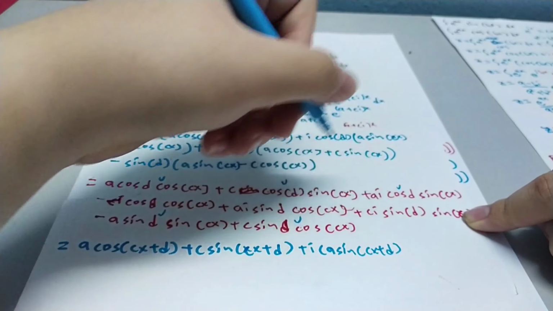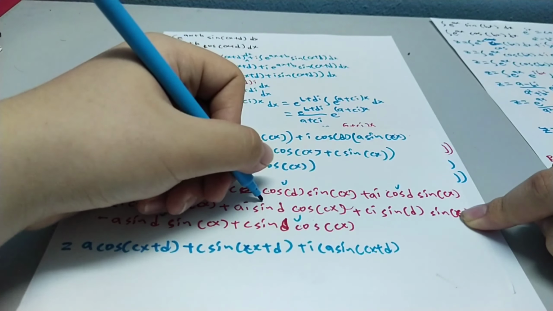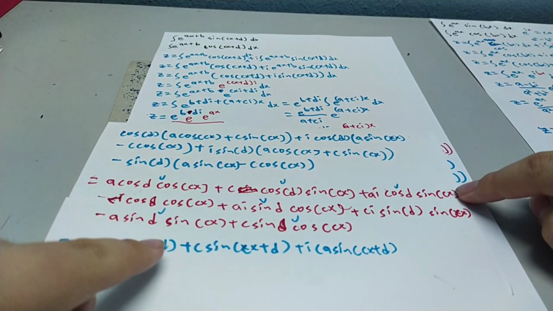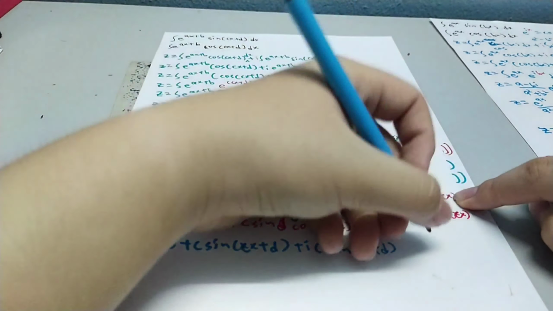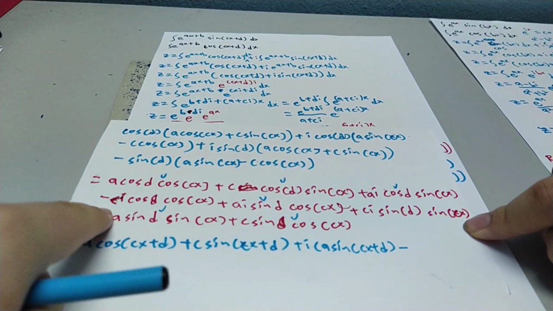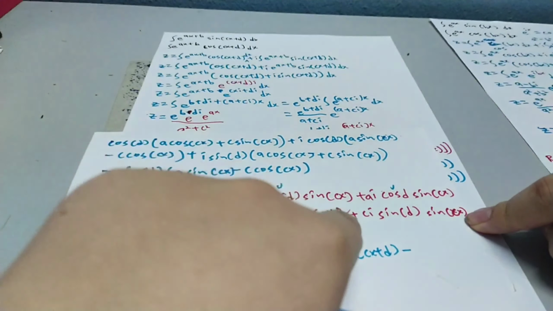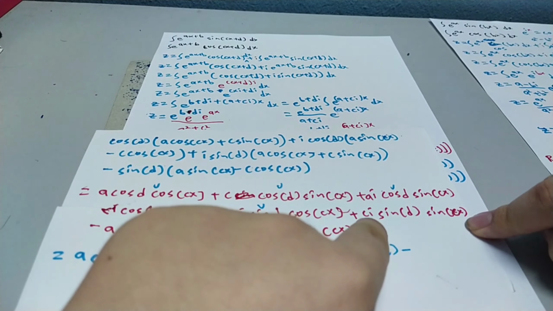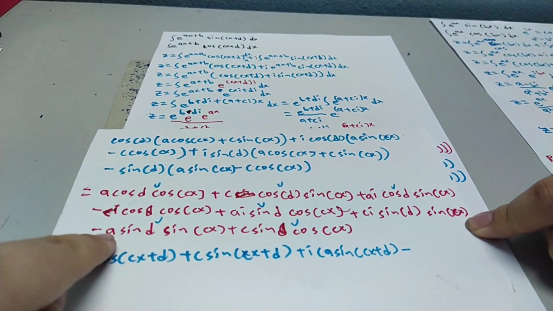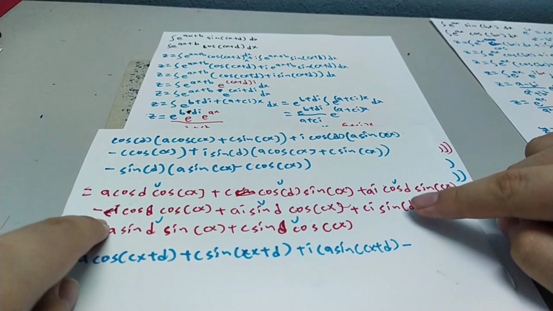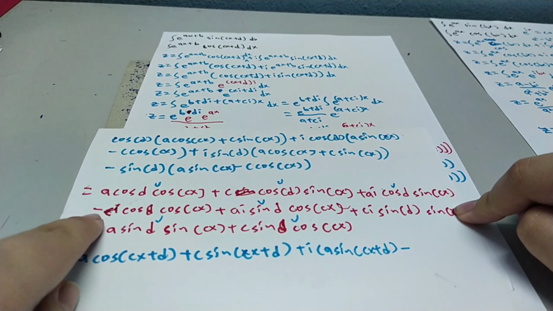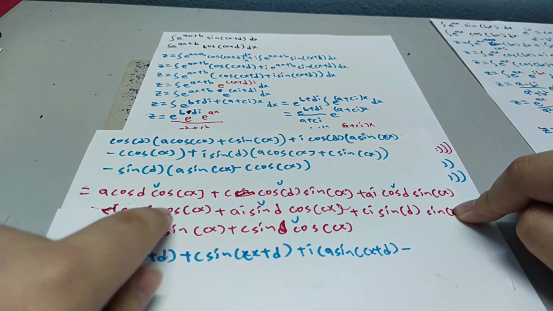So we have done this one. And then finally c, so ci times sine, then minus c times cosine.